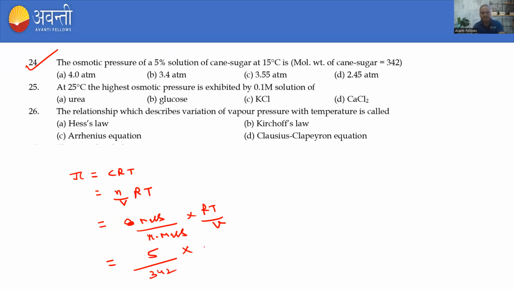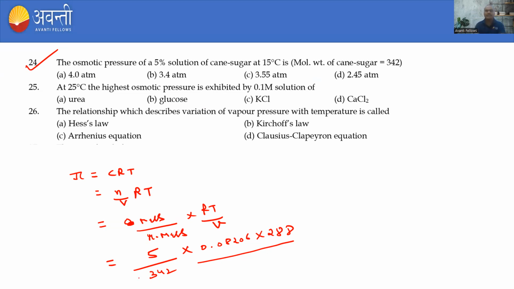The value of R we all know, it is 0.08206, and the temperature is 288. The volume is also given: a 5% solution means 5 gram in 100 gram, where the mass of the solution is 100 gram, and the density is also given.